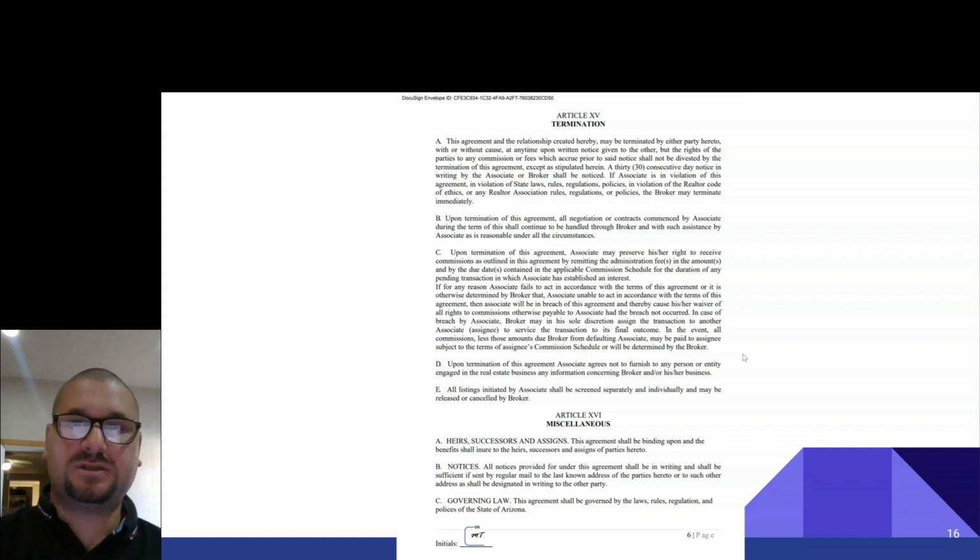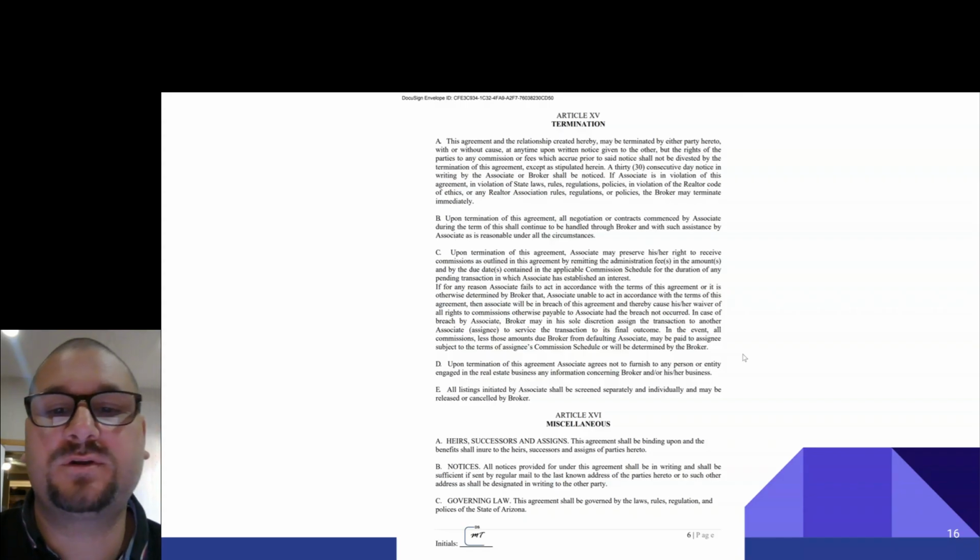Okay, so this is Article 15, and basically, if you sever your license with your broker, and you have several deals in the pot, what happens? The broker can just assign those deals to another associate, another assignee. That's what this termination clause is about.